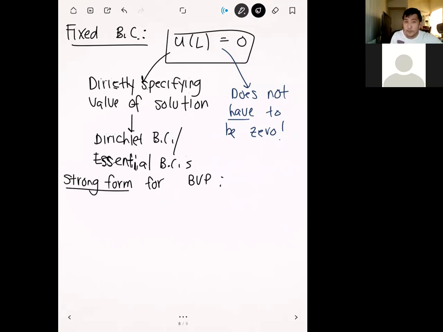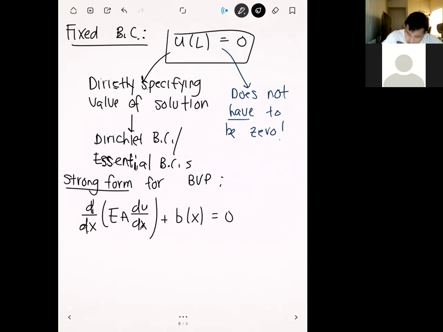The first thing will be the differential equation. Let's write that out. Our differential equation is given by this: d dx of EA du dx plus b of x equals 0.